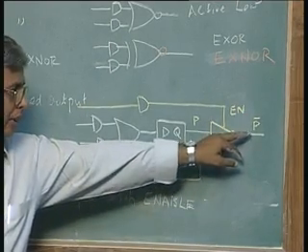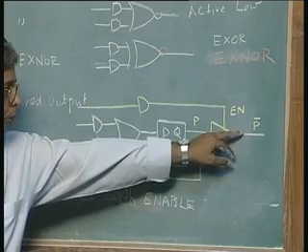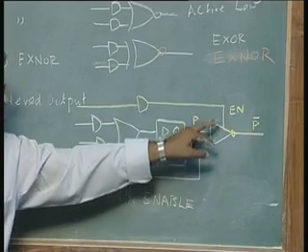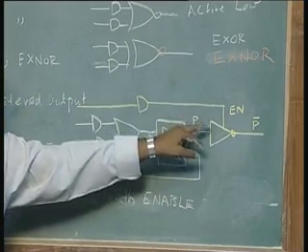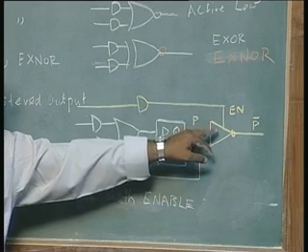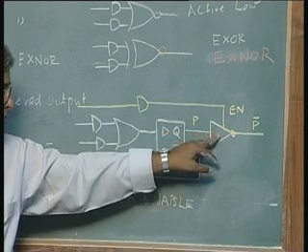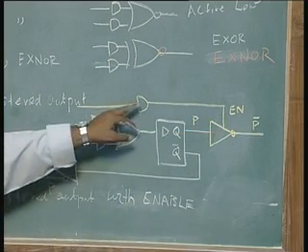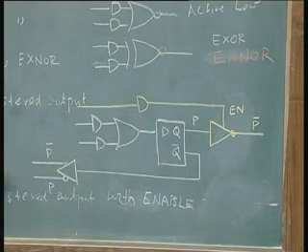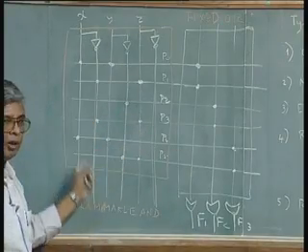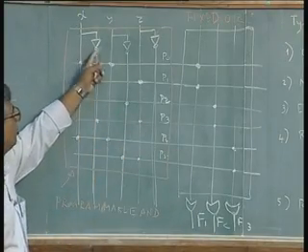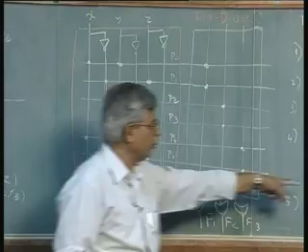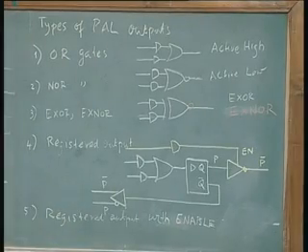So, I have a choice of using this output or not by enabling this buffer, and this enable function is not a fixed function, it can be a function of the input variables, because this enable function also can be generated using the same combination logic array here. X, Y, Z, P, all of them can take part in determining the enable function.